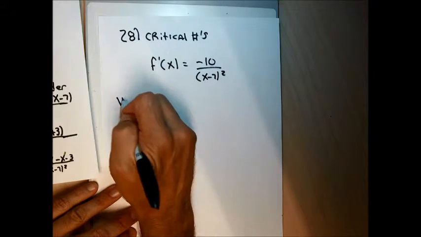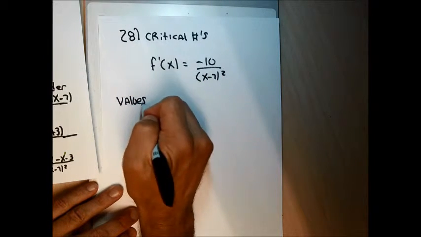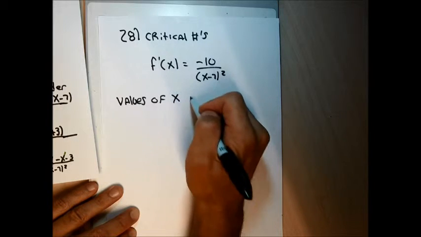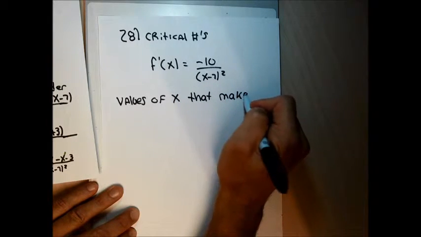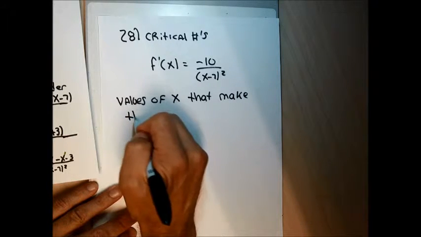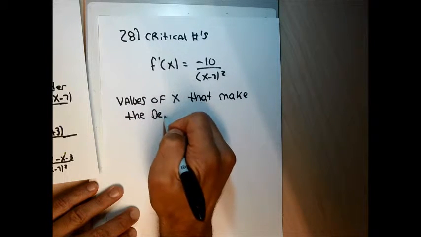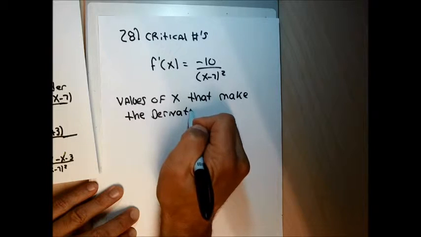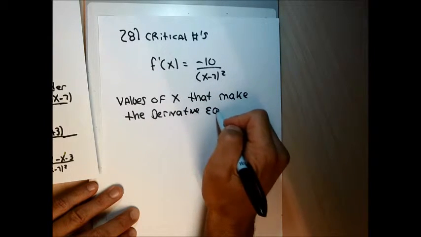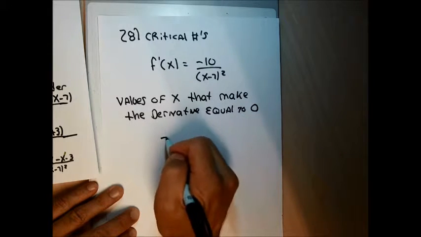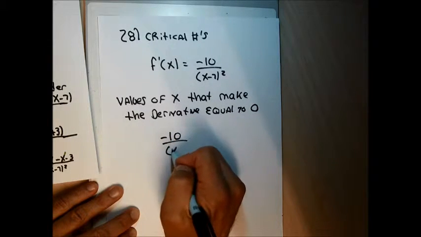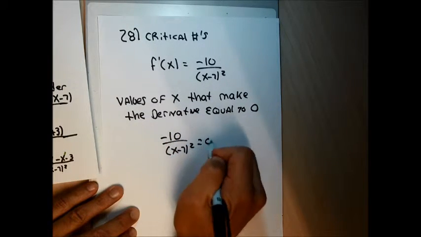I'm going to find the values of x that make the derivative equal to 0 by setting the derivative equal to 0. So I'm going to go negative 10 over x minus 7 squared equal to 0.